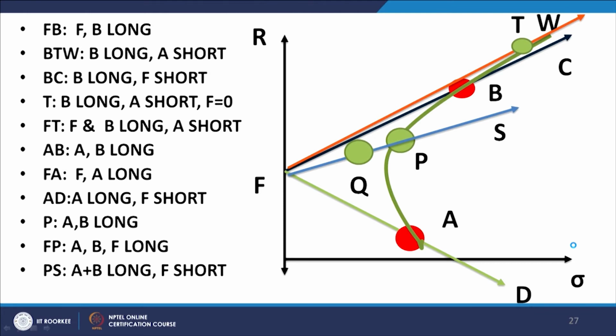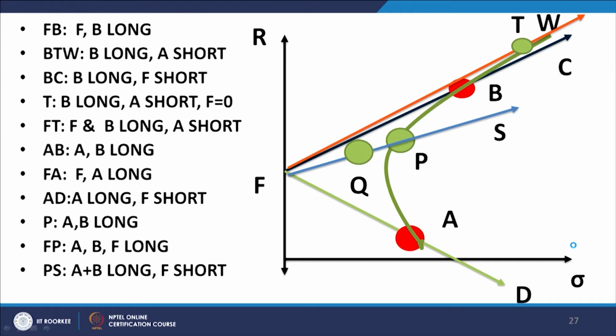As far as FB is concerned, it is quite obvious that it has to be a linear combination of securities F and B, with both securities being long. XF and XB will both be between 0 and 1 in the region FB. Now, what about BTW? BTW is the extension of AB along the arc of the hyperbola APB.